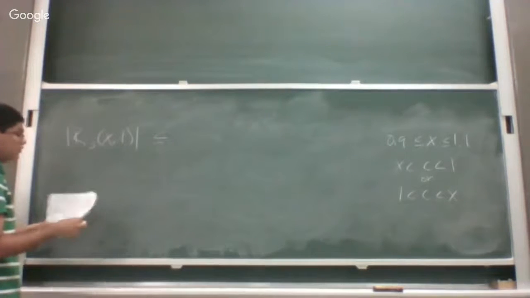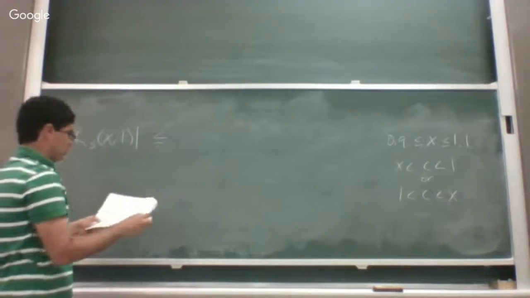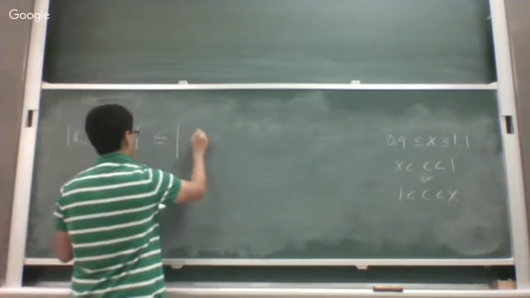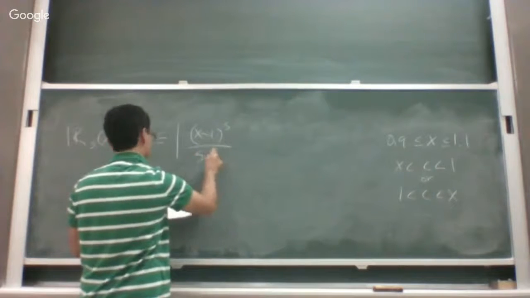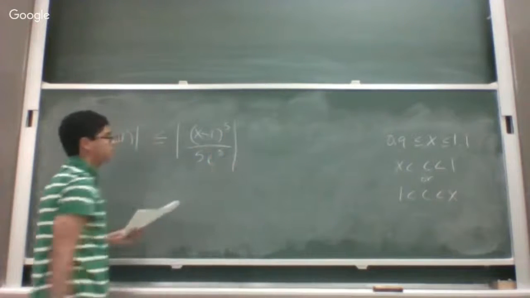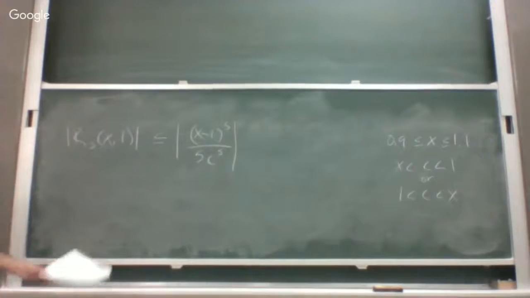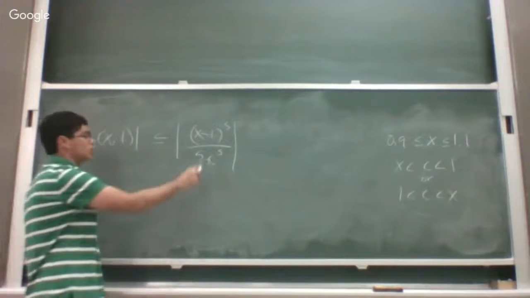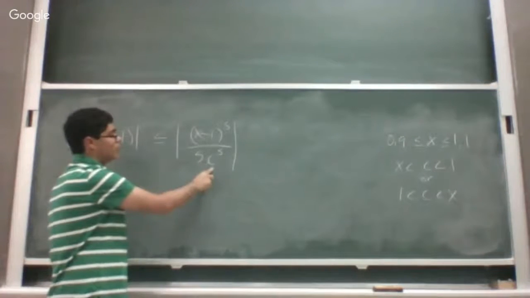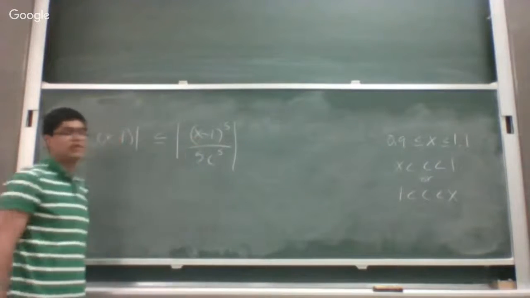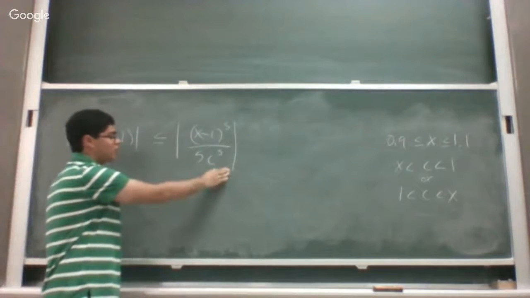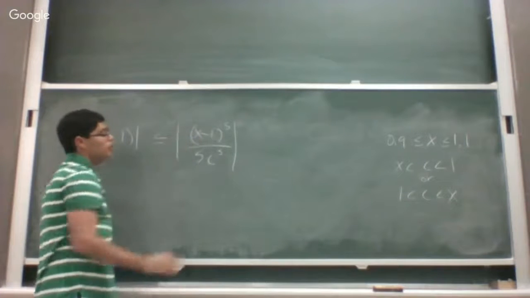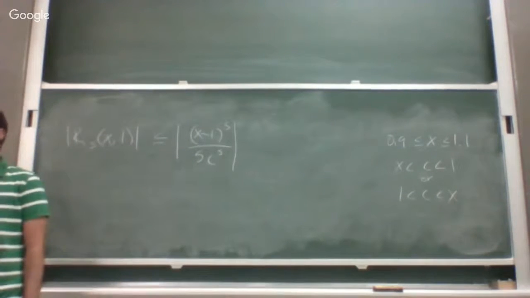Since we want the maximum value, so let me rewrite this. Since we want the maximum value, we want our C to be the lowest number possible and our x to be the greatest, or our denominator to be the lowest number possible and our numerator to be the greatest number possible, okay?